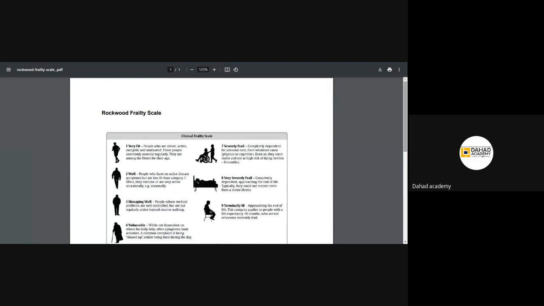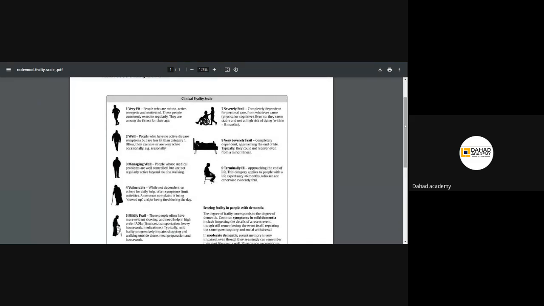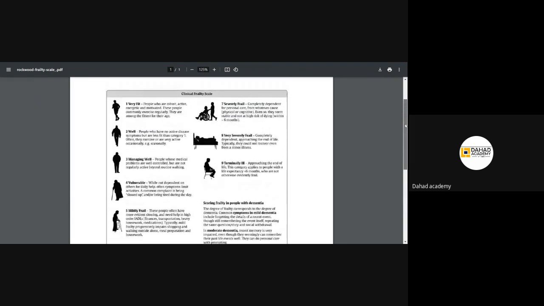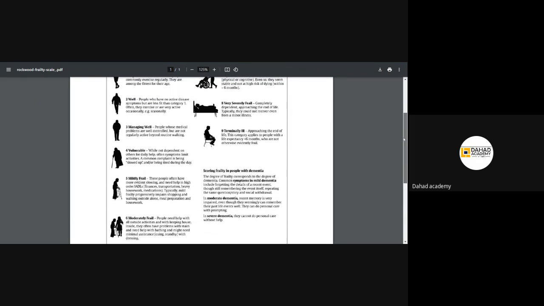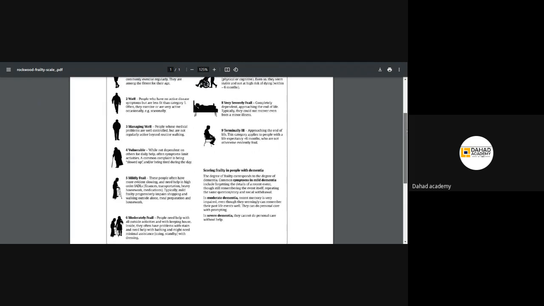So the frailty score is something we decide: where is the patient? Is the patient fit? Is he well enough? Is he managing well? Is he vulnerable? Is he mildly frail? Is he moderately frail? Is he severely frail? All right. Or he is terminally ill. This is something the medics, the paramedic, the SHO or the middle grade need to decide while admitting the patient.